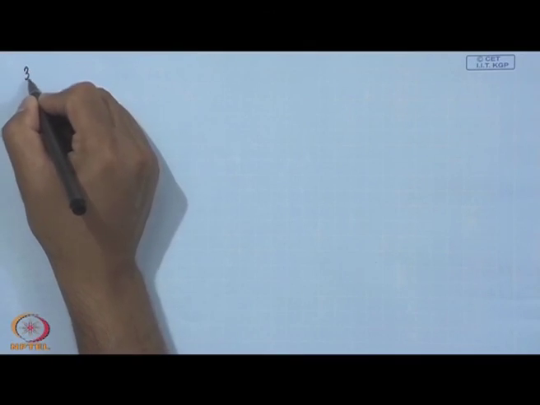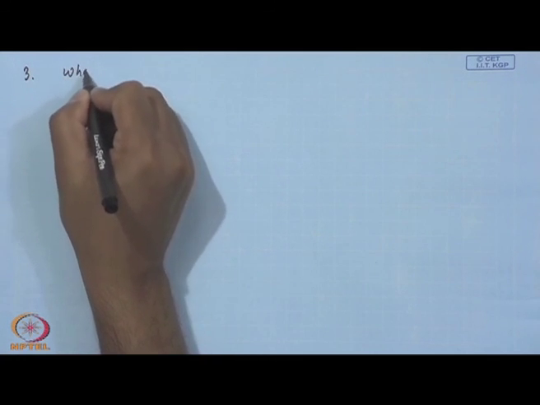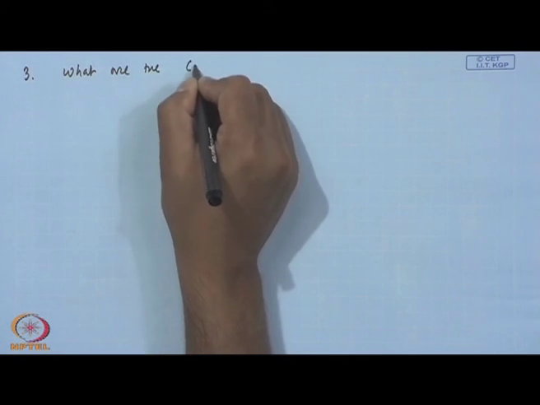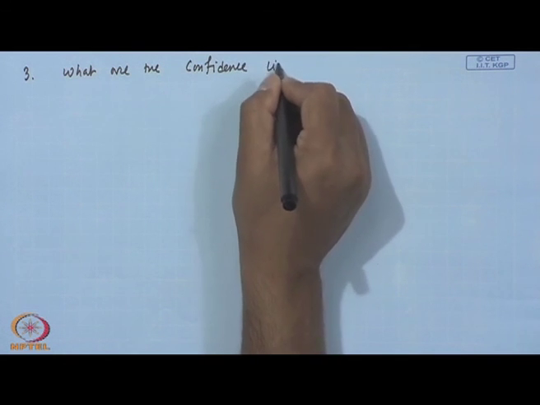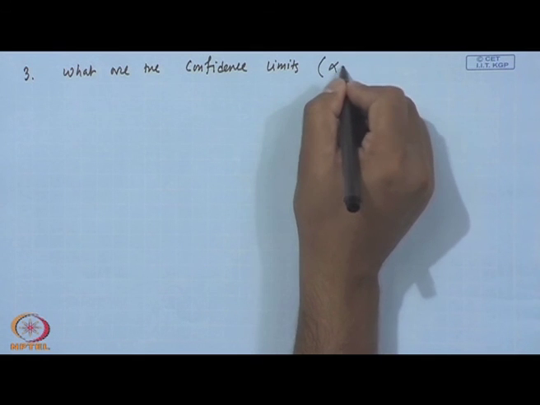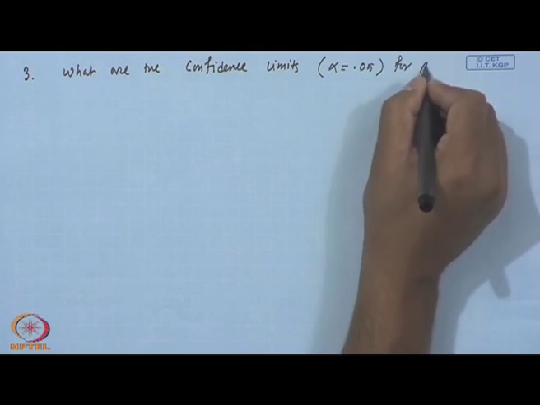So, for this one the question is what are the confidence limits at alpha equal to 0.05 for beta 1.